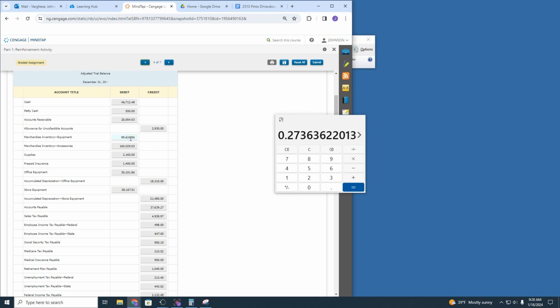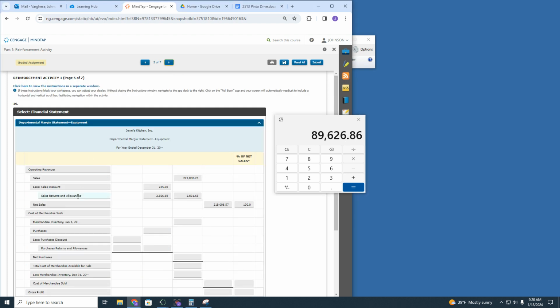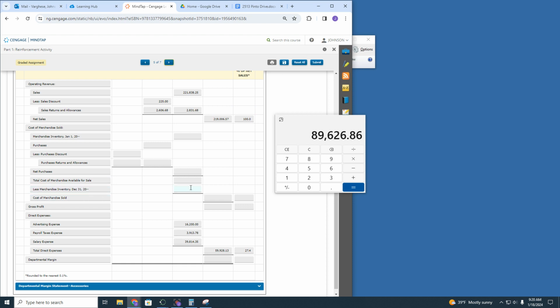So merchandise inventory is 89. I'll just grab that number, 89,626.86. That would be after the adjusting entry. So this should be my ending amount, so what I had left over at the end.